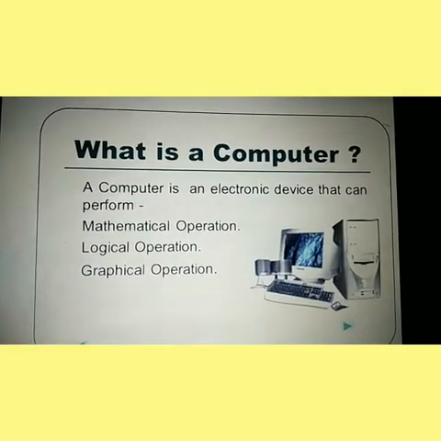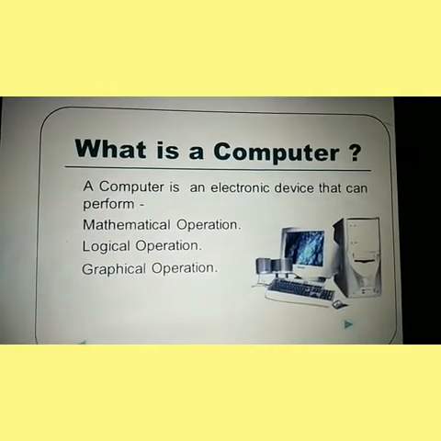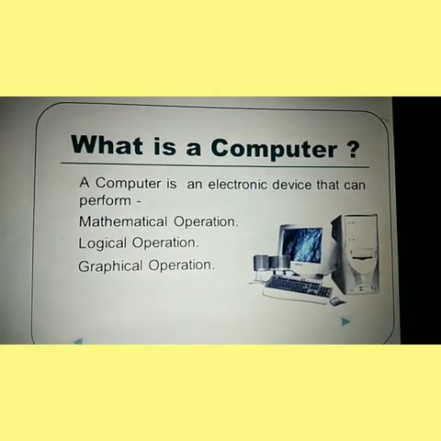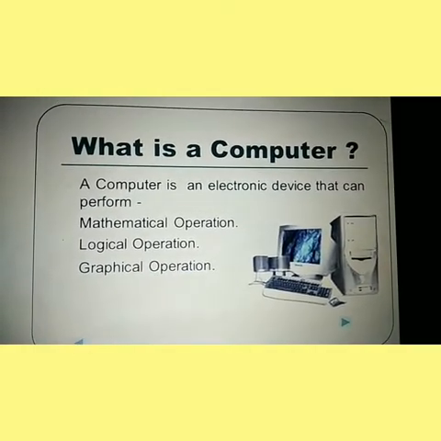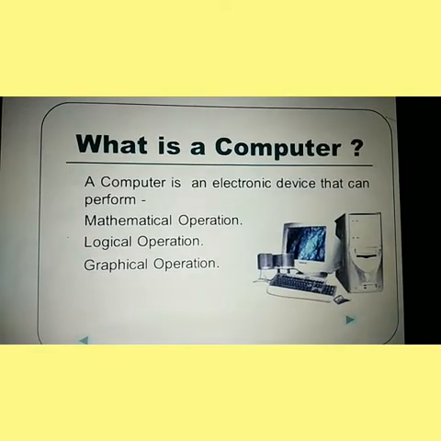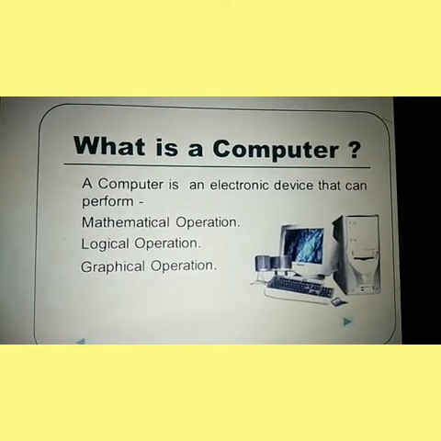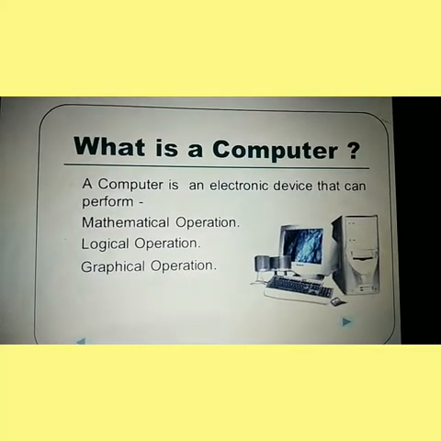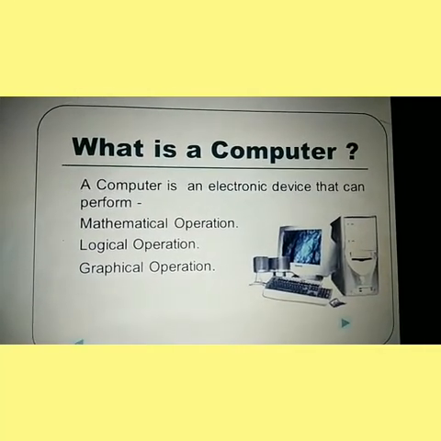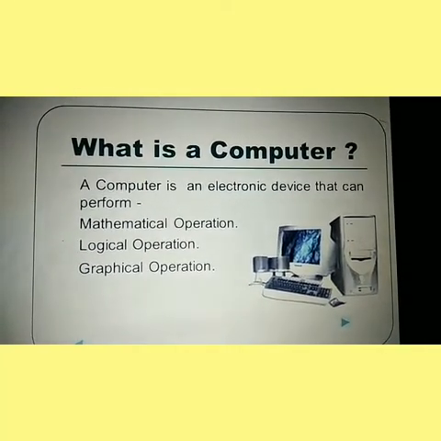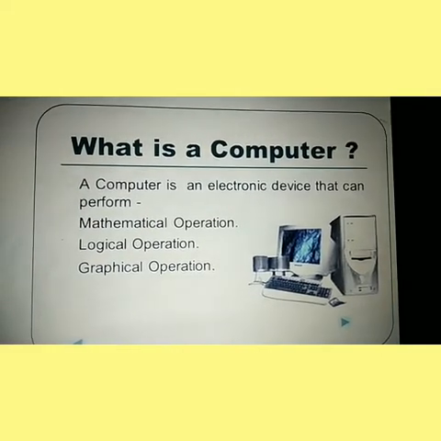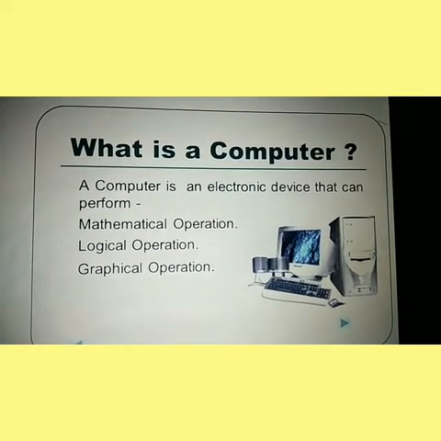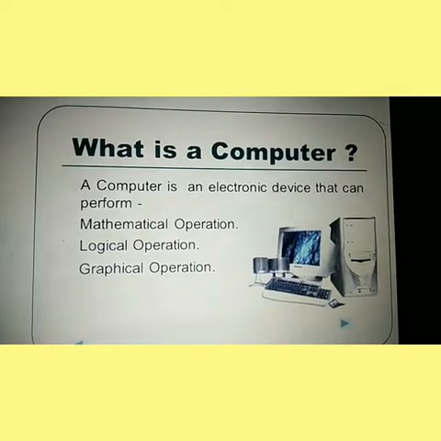Class, before the introduction, we already discussed what a computer actually is. A computer is an electronic device that can perform three types of operations: mathematical operations, logical operations and graphical operations.